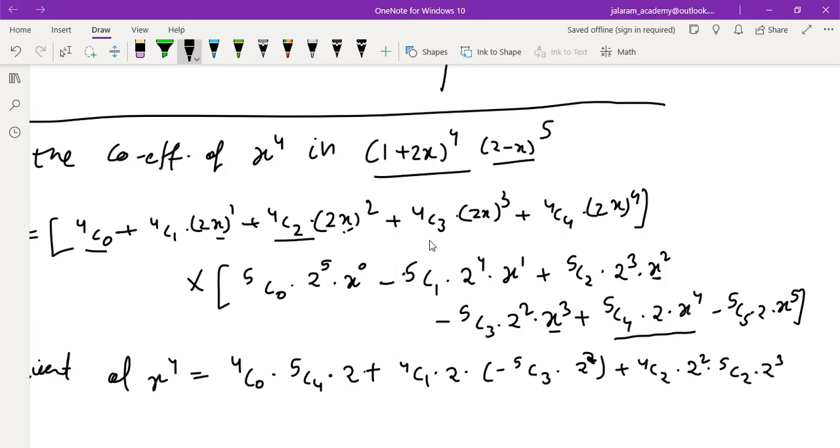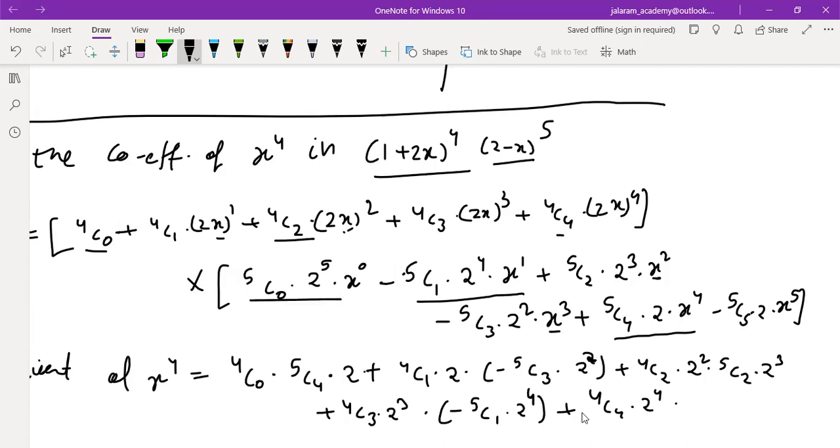Then again next term 4c3 into 2 cube into x cube into the term of x in the second bracket, minus 5c1 into 2 to the power 4. Then the next is 4c4 into 2 to the power 4 into x to the power 4 into this constant term 5c0 into 2 to the power 5. Now there will be no other term containing x to the power 4.